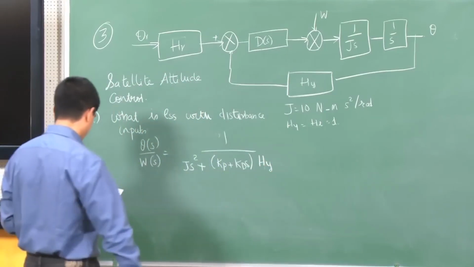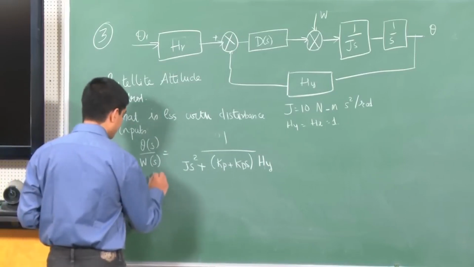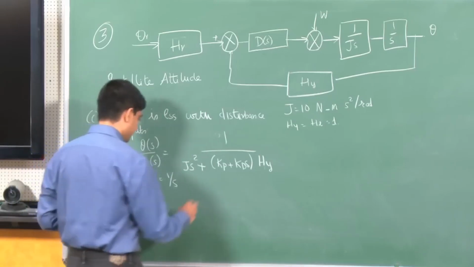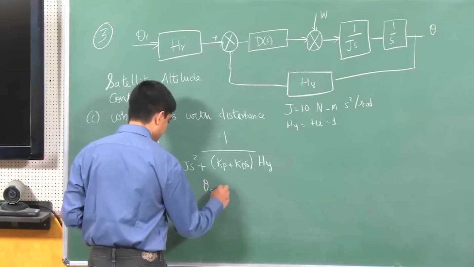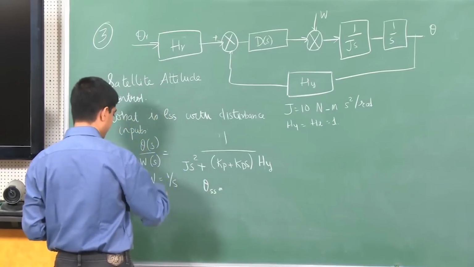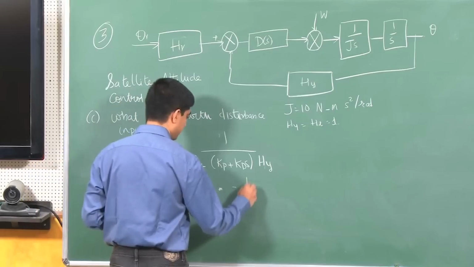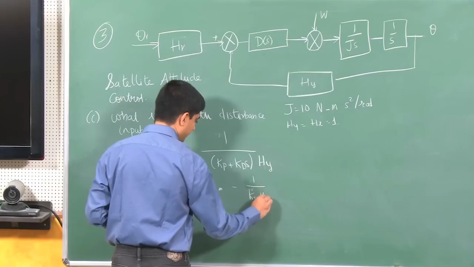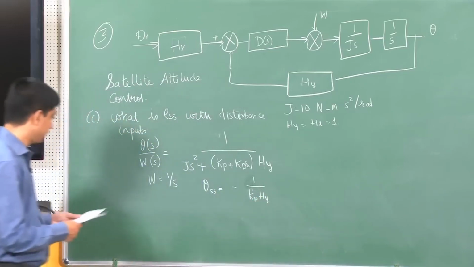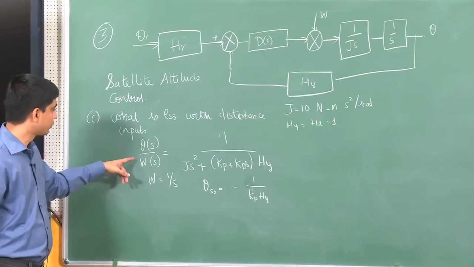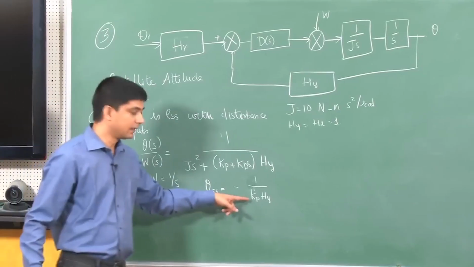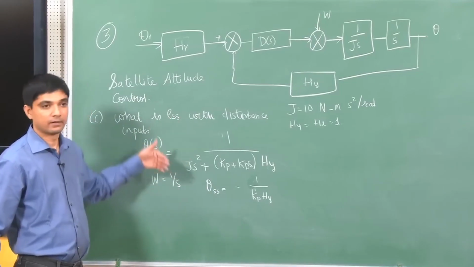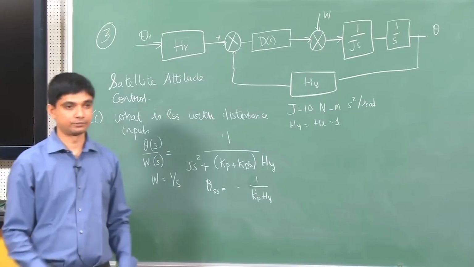And then, if the disturbance is 1 over s, then theta_ss, or the steady state value of theta with W being equal to 1/s, is minus 1 over Kp times Hy. Okay. So, this kind of controller does not eliminate disturbances of this form. It will get more complex when you have s square and s cube and so on.